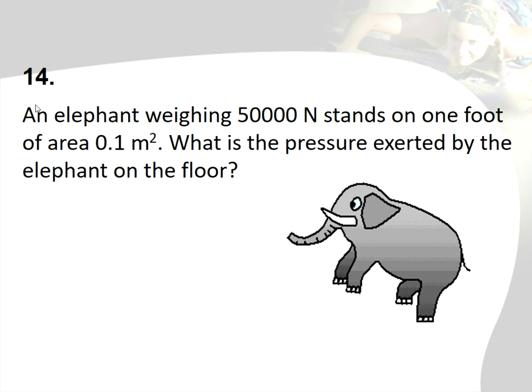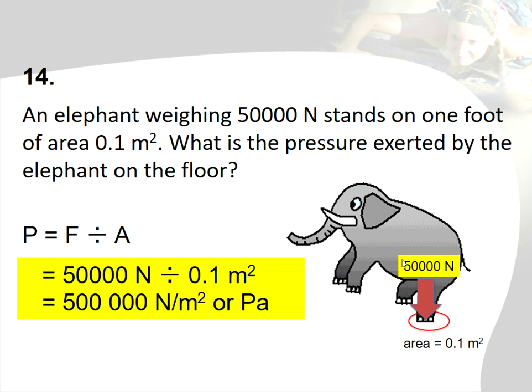Okay, calculate. When the elephant is on 4 feet, it's standing normally, do you expect the pressure to be higher or lower? Lower. Okay. Who agrees with Dexter? Lower. Who disagrees? Anybody thinks it's higher pressure?